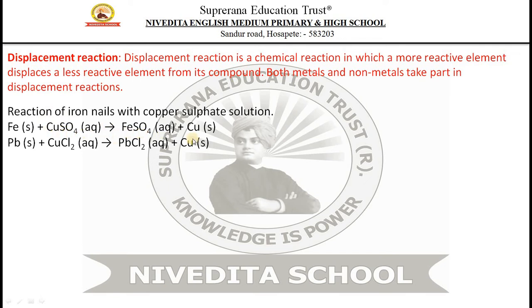But again, the reverse is not possible. Copper cannot displace iron from iron sulfate or ferrous sulfate solution. So what should be used now? We need a more reactive metal than iron to displace it. We can take the help of aluminium. Aluminium can displace iron from ferrous sulfate solution to form aluminium sulfate, and we get iron.